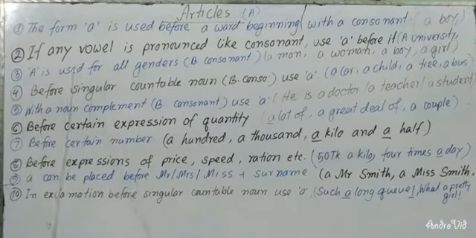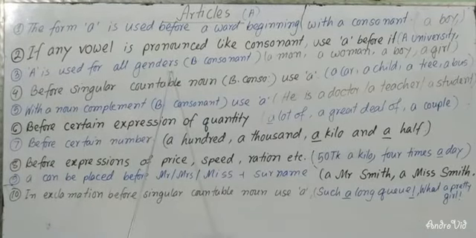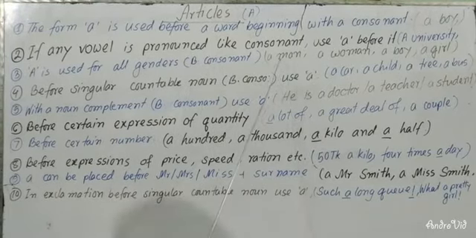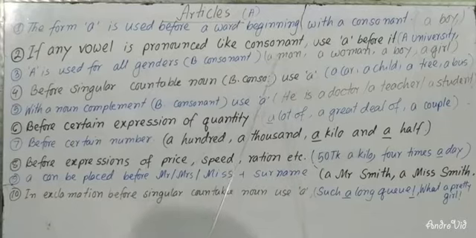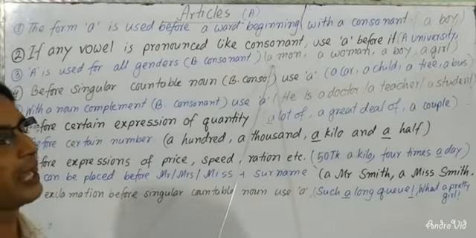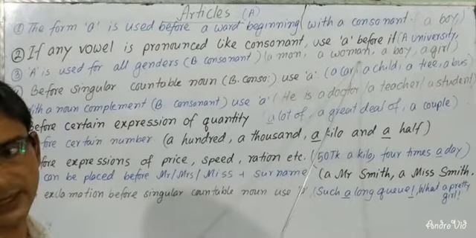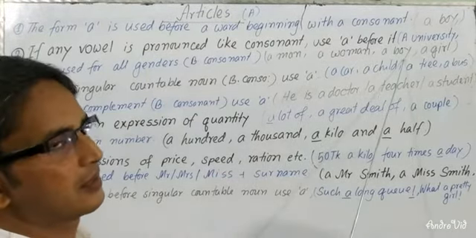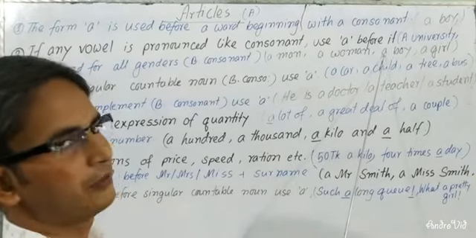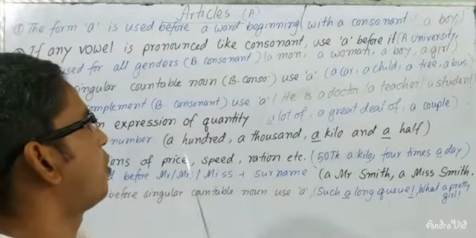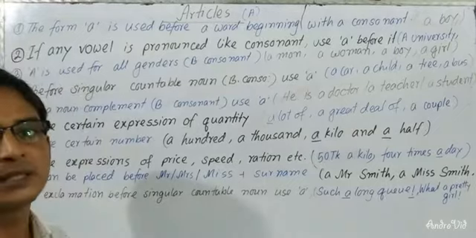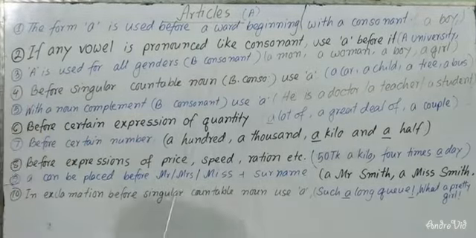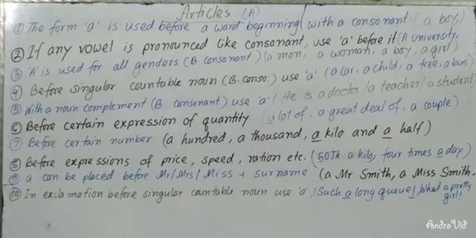Number 3, a is used for all genders before a consonant. Like man, M is a consonant, and before this I have used a. Woman, W is a consonant, and before this I have used a. Boy, B is a consonant, and before this I have used a. For all kinds of genders, if it is singular, we have to use a if it begins with a consonant.